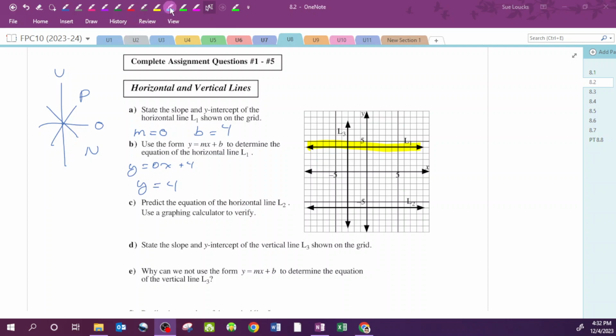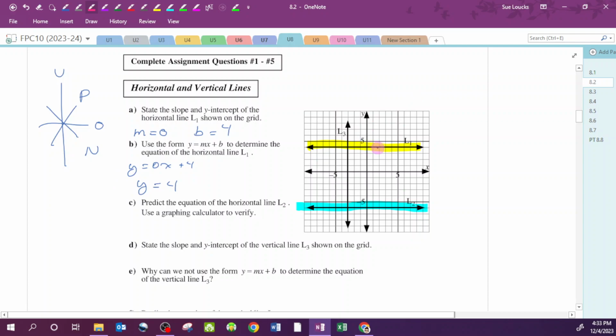So let's look at the other horizontal line, which is L2, and predict the equation of that. We know the slope is going to be 0. Remember, the equation of the line means that every point on that line satisfies this equation.